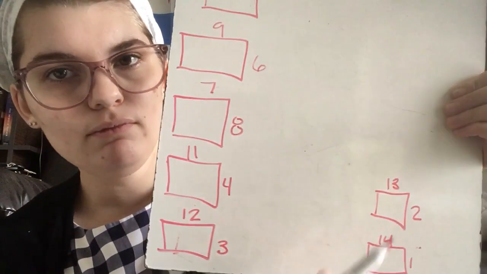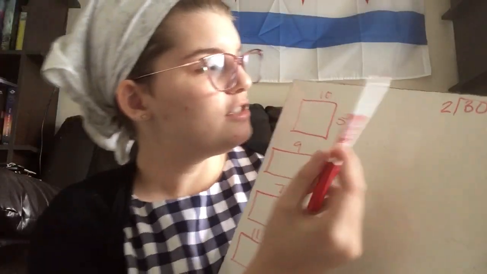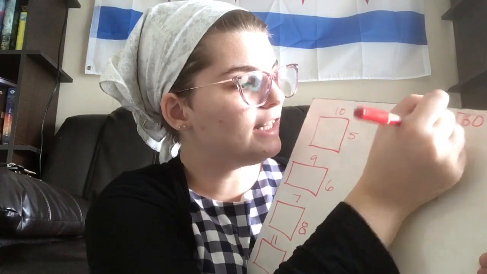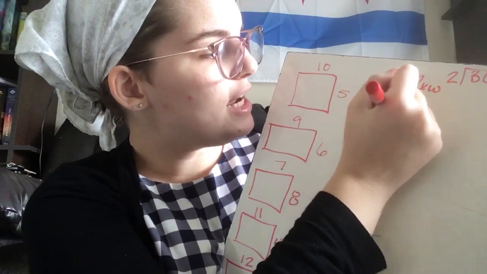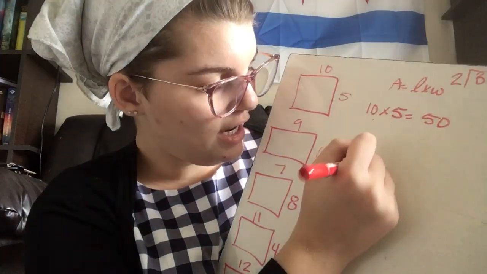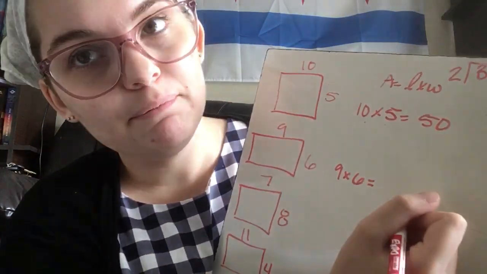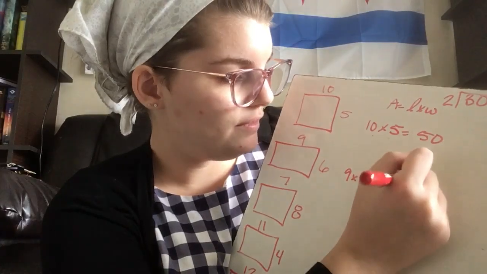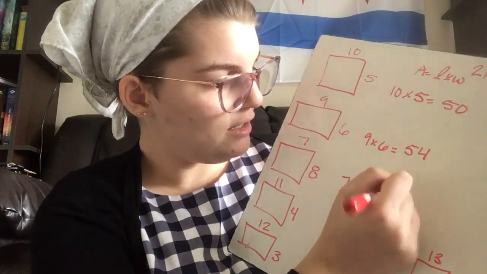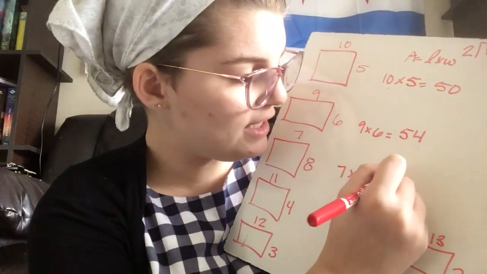So let's look at this. To find our area, again, these are rectangles, so we're doing length times width. So 10 times 5 is 50. 9 times 6 is what? 54. 7 times 8 is what? 56.